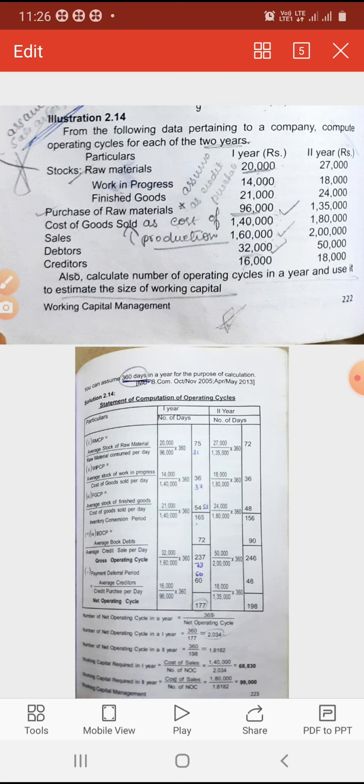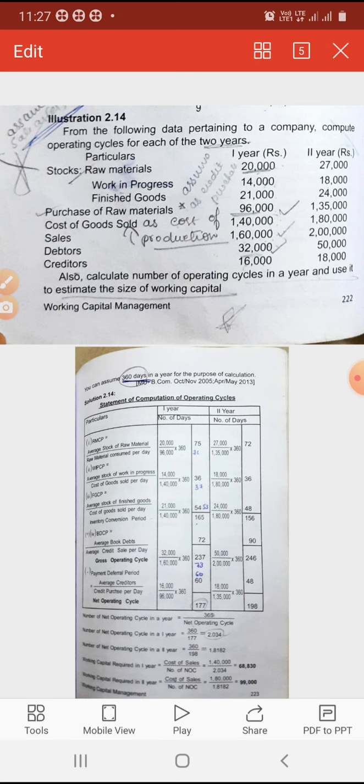It is 1,60,000 and 2 lakh, so you will get 72 and 80 days. If you total, you will get 237 and 246.